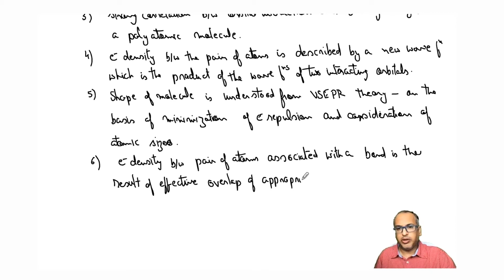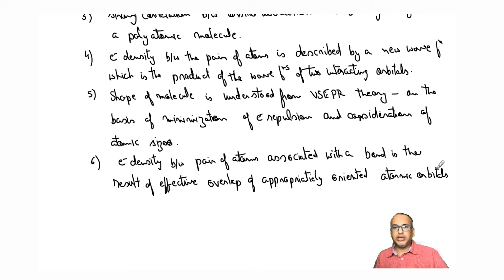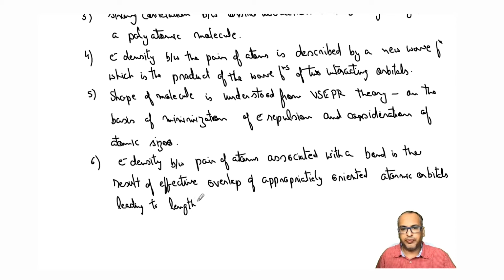So this is very important, that they must be appropriately oriented, because then only they will be able to define the shape of the molecule, right? And this is where the problem is, because atomic orbitals are oriented along Cartesian coordinates and they do not generally orient as per the shape of the molecule. We can say leading to a particular length and strength of a bond.